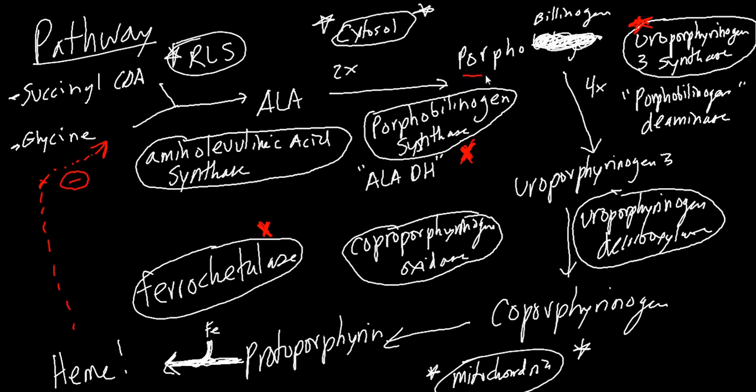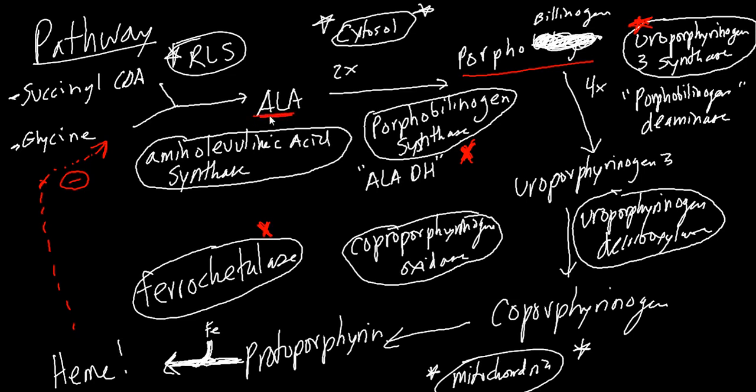However, what we're going to have is a buildup of this porphobilinogen molecule. We're not able to convert it into its proper pathway, into its heme. So you're going to have a buildup of this porphobilinogen.